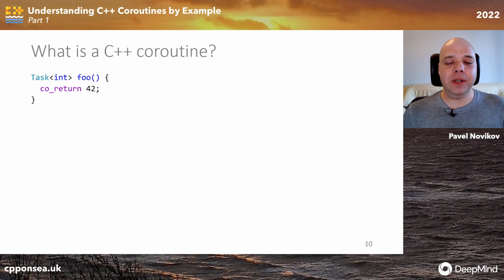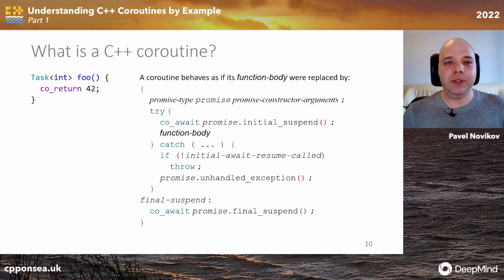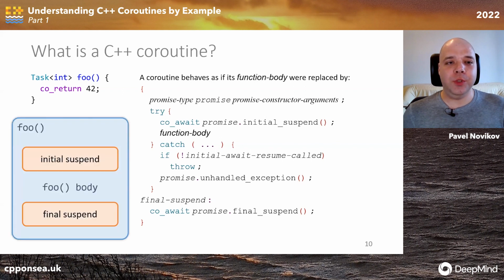So let's see what the compiler does with the code that we write. Here's a coroutine, and the standard says that it is transformed as if the function body is replaced by this pseudocode. So we have our coroutine, with an initial suspend point and a final suspend point.